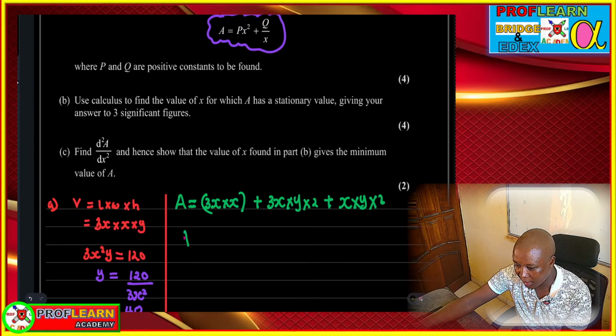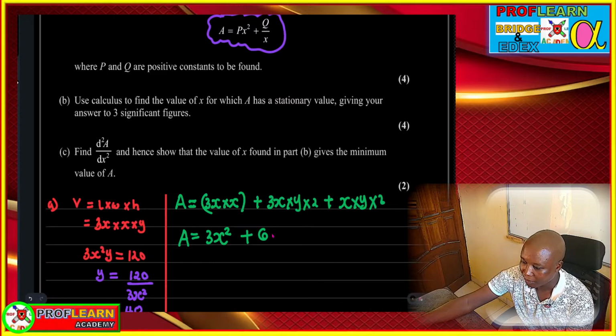So we shall say area is equal to 3x squared plus 6xy plus 2xy.